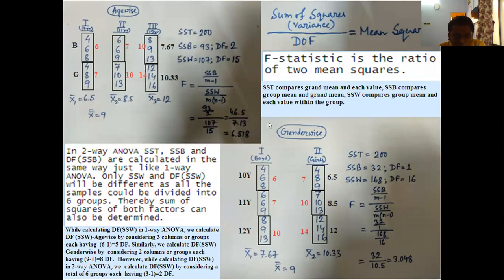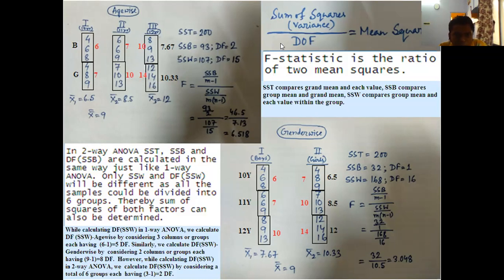In that case, the sum of square total will be 200. The calculation is just like the previous calculation. Sum of square between will be 93. Degrees of freedom is 2 because there are three groups. Sum of square within is equal to 107 and degrees of freedom is equal to 15.